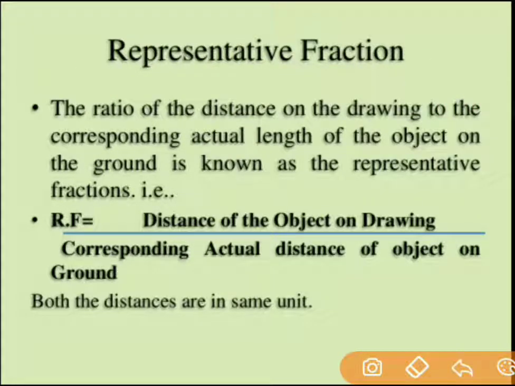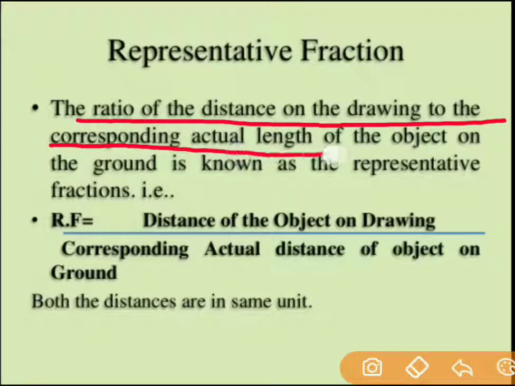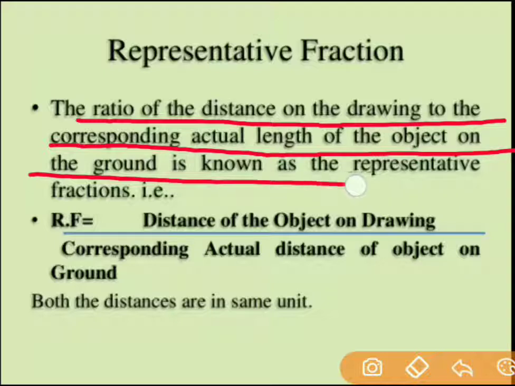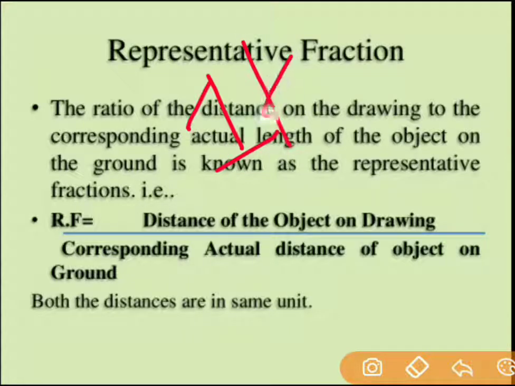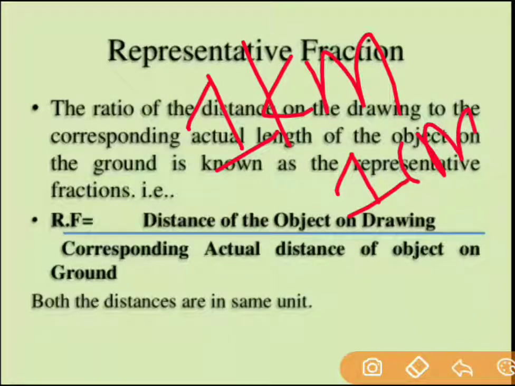Simple. The ratio of the distance on drawing to the corresponding actual length of the object on the ground is known as representative fraction. Simple. See here, actually the ground distance is 1 kilometer, for example, right? So we are taking that 1 kilometer as 1 centimeter on the paper.